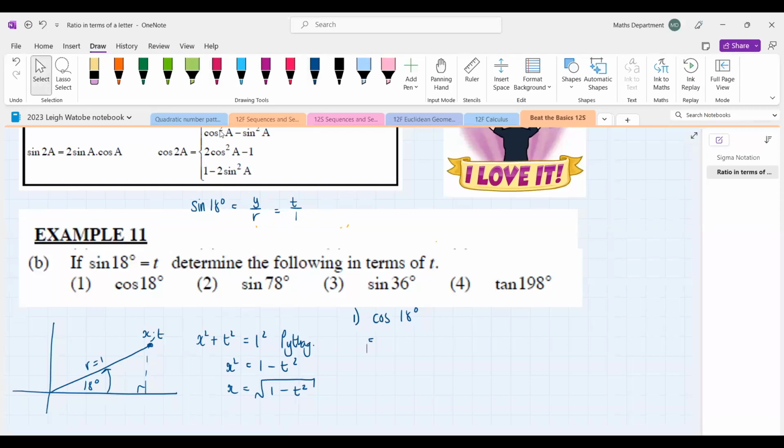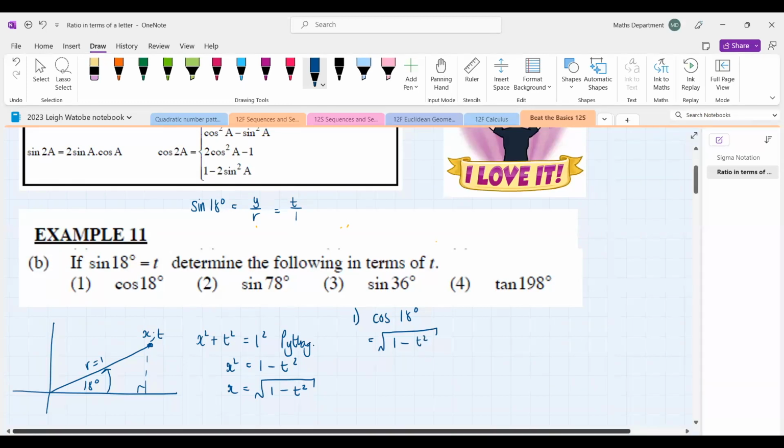Ma'am, isn't it x? Yes, so the cos of any angle is equal to x over r, right? But I've already done Pythagoras. X, ma'am? That whole equation that you equated to x. Yes, so in other words, ma'am, root 1 minus t squared over 1. All right, so that would be the cos of 18 in this case.